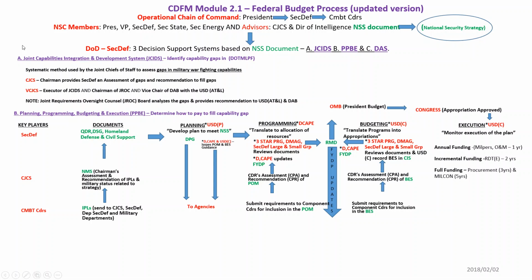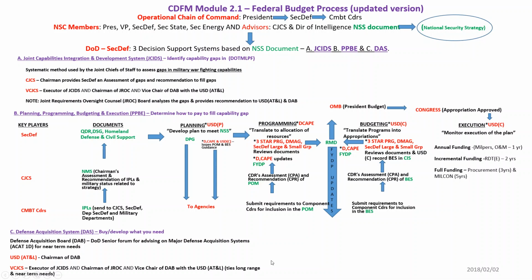So we talked about ACIDs giving us the capability gaps, PEB if we need to determine when we need to start asking for the money, all the resources. And then the third DoD system you see here is the Defense Acquisition System. That's how we either buy or develop the capability gap requirement that is necessary.